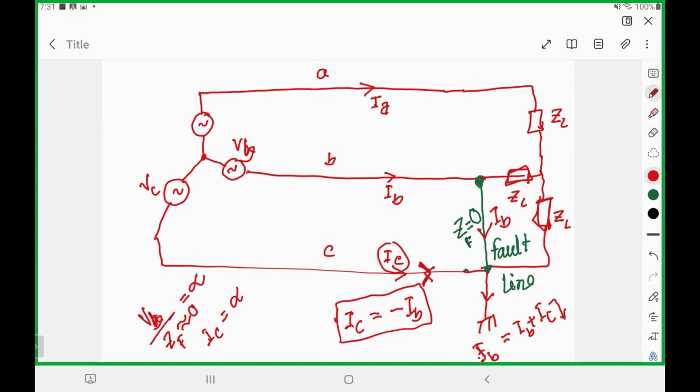And whenever we have the short circuit, what would be the voltage across this load? Across this load. Previously, it was connected with the VB. That means I can consider that this VB voltage can appear across this load. Now, whenever I have a short circuit, what would be the voltage across ZL, especially connected with this phase?